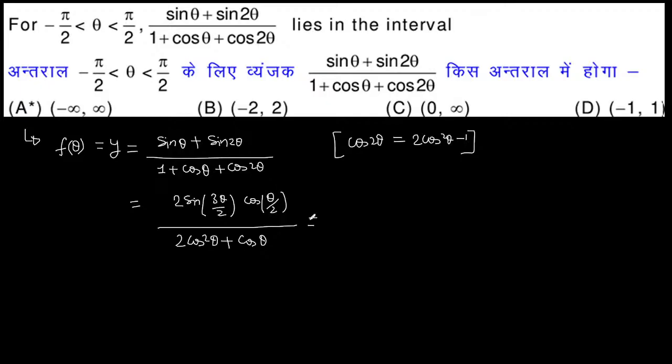So this lies in the interval. We have to work on the interval side. At pi by 2 the denominator can become 0, so it will go to infinity.